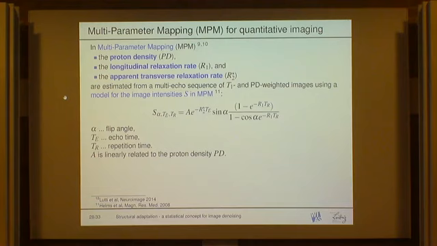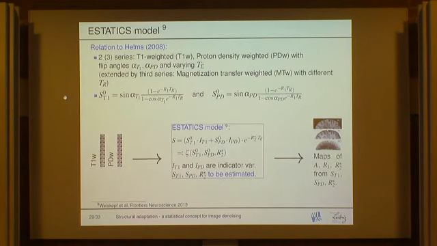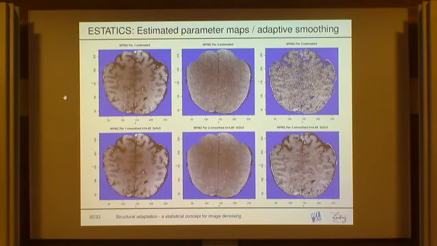They are related by a physical model, depending on different parameters, flipping, echo time, repetition time. So you have your observations, you have a model, you get parameter maps. And for high resolution, these parameter maps, they are quite noisy.